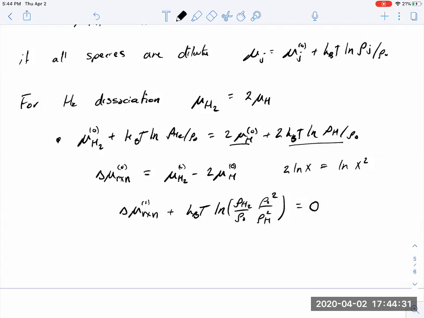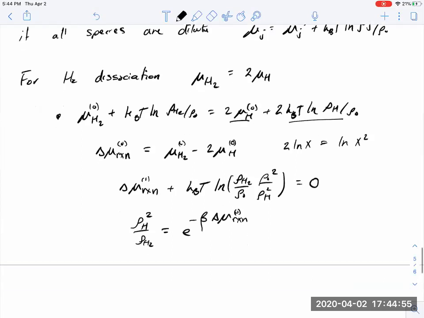Rearranging further and exponentiating, I'll have rho of H2 in the denominator, rho of H squared in the numerator, equal to e to the minus beta delta mu of the chemical reaction times one factor of that reference density.